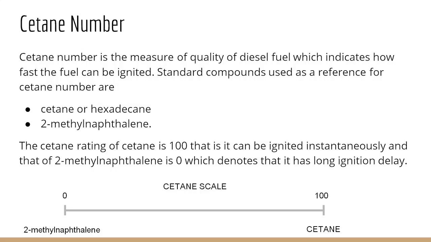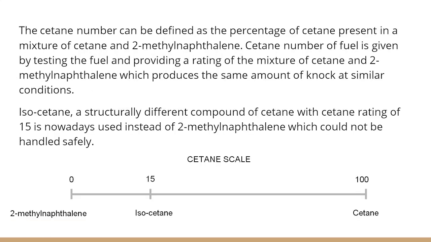We can see on the cetane scale that 2-methylnaphthalene lies on the leftmost part of the scale and cetane lies on the rightmost part of the scale with a value of 100. The cetane number can be defined as the percentage of cetane present in the mixture of cetane and 2-methylnaphthalene.